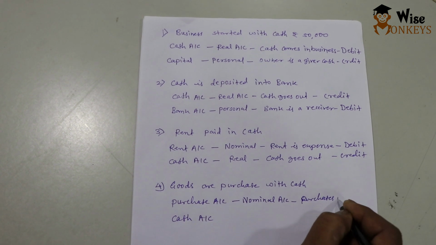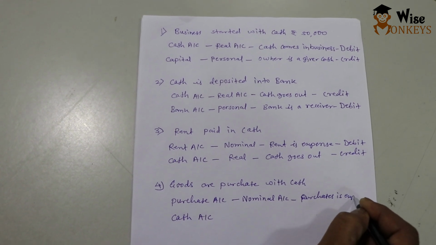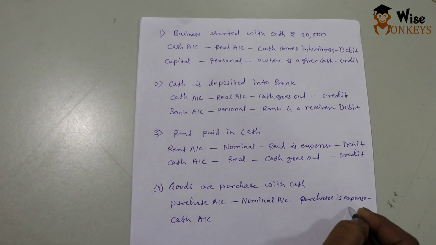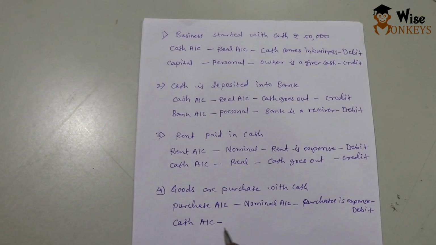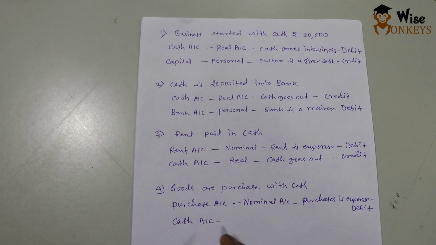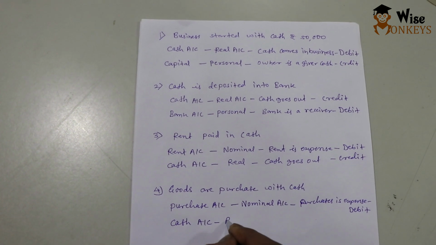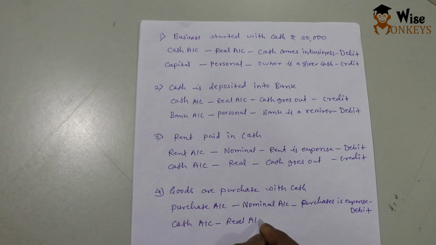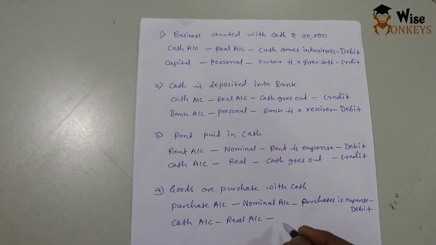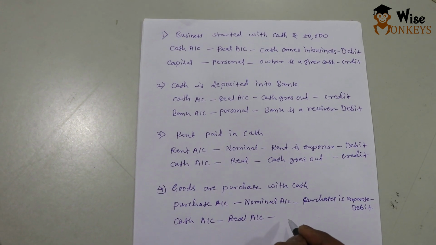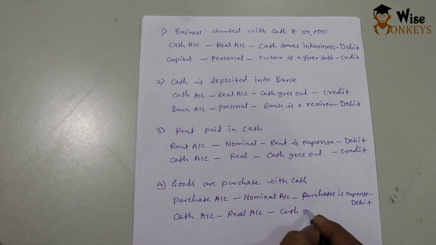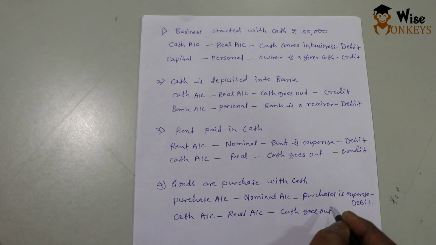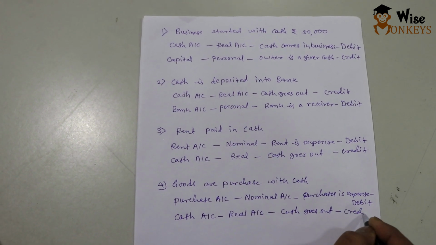Purchases is an expense, so it has to be debited. Whereas cash, when you are purchasing goods, is going out. It is a real account, and as per the rule of real account, debit what comes in, credit what goes out. So here cash goes out, so it has to be credited.